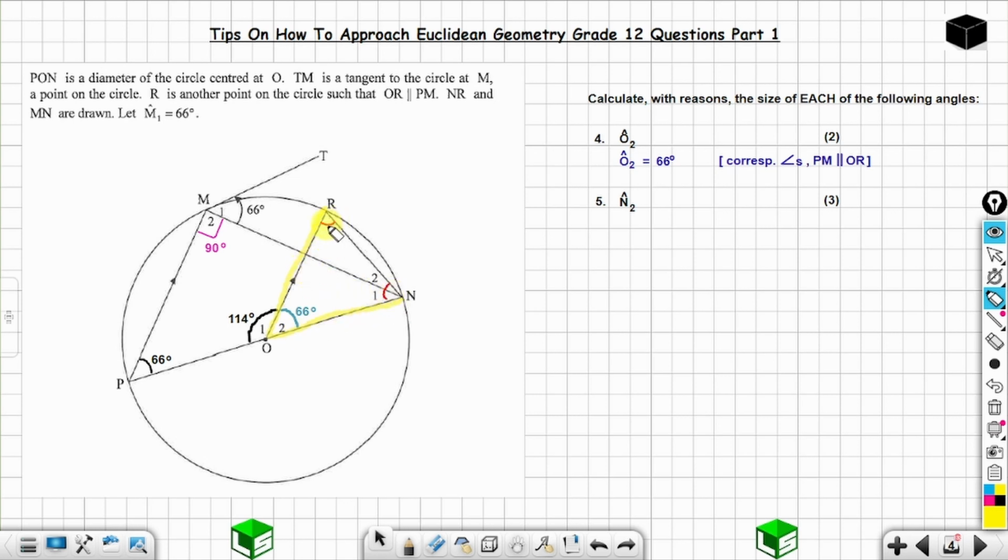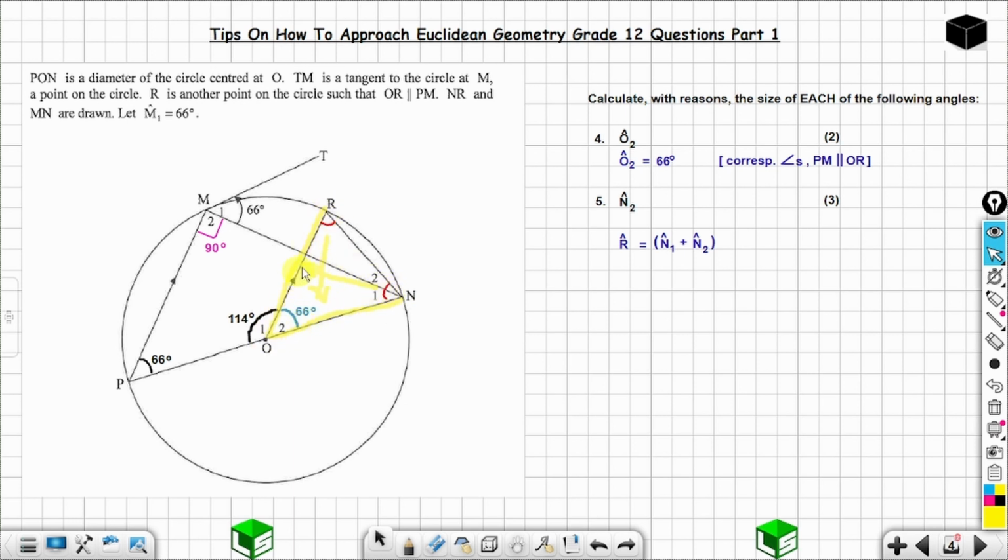This angle is opposite to this side, and this angle is opposite to this side. So R is equal to N1 plus N2, because of an isosceles triangle.